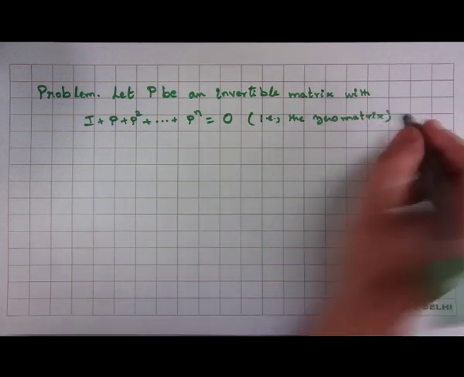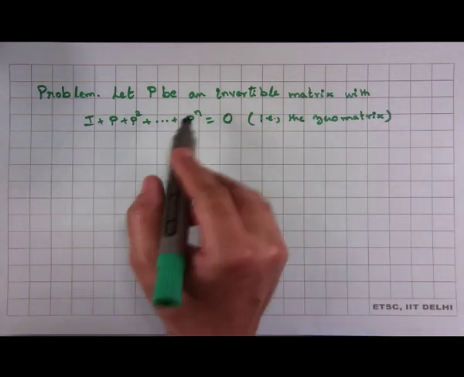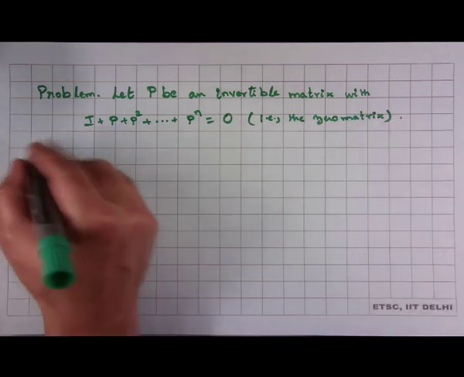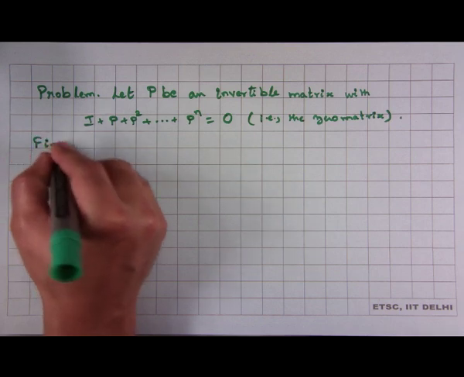So, what is given is that when you add I, P, P square up to P power n, what you get is the 0 matrix. Find P inverse.